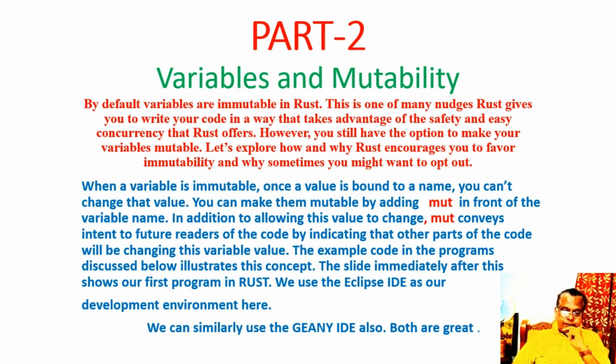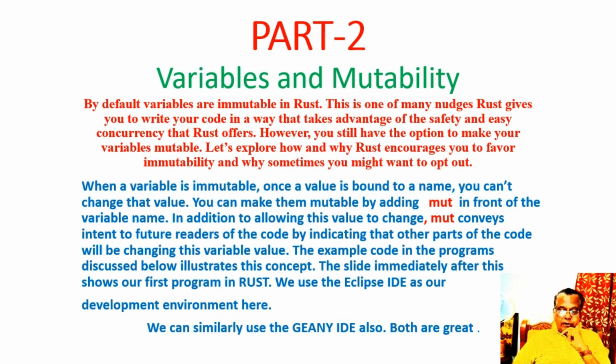When a variable is immutable, once a value is bound to a name, you can't change that value. You can make them mutable by adding mut in front of the variable name.